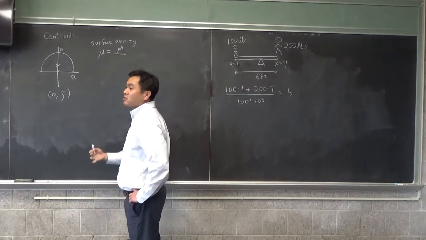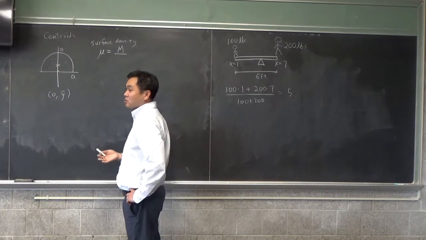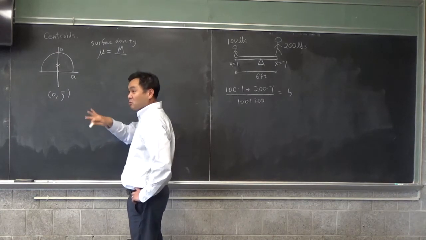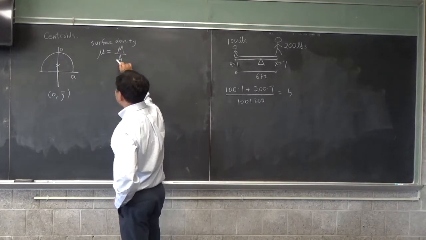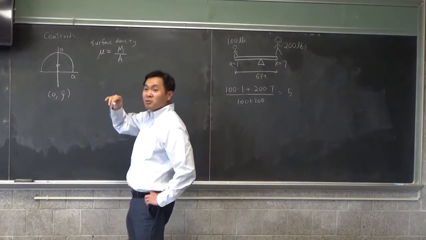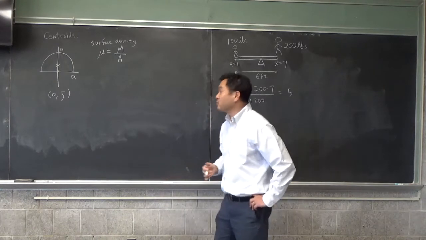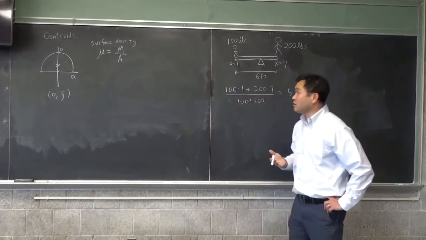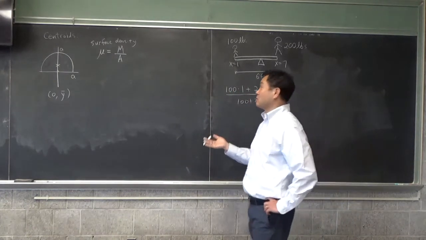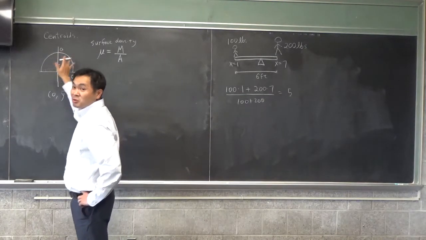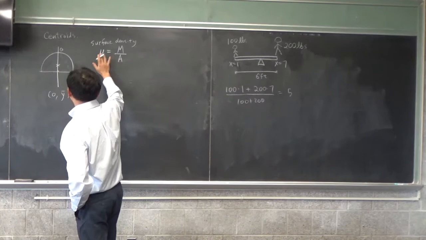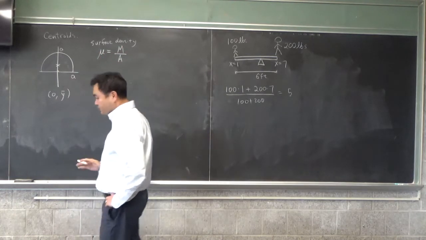No, the regular density is mass divided by volume, but surface density is a two-dimensional thing. Mass divided by area. And then we also had the linear density where you had the mass divided by length, right? So you have different types of density, where the usual density is the mass divided by volume. But we're working with a two-dimensional object, so our density will be mass divided by area.